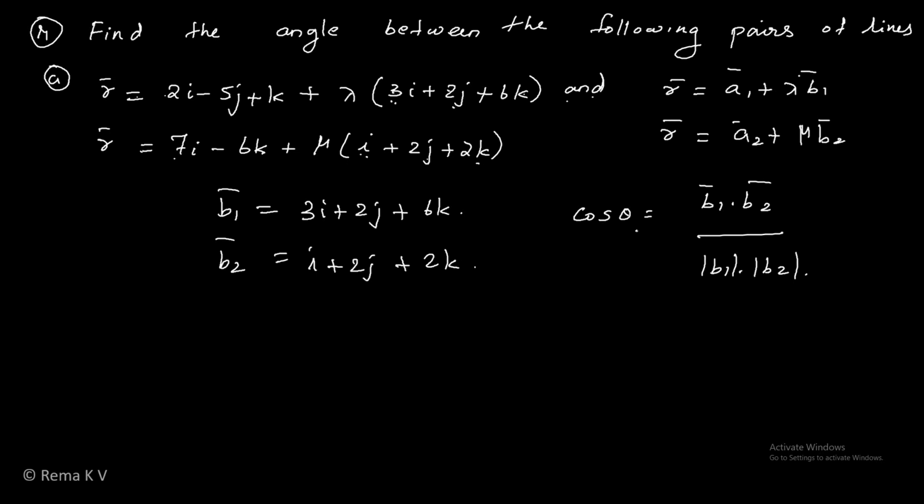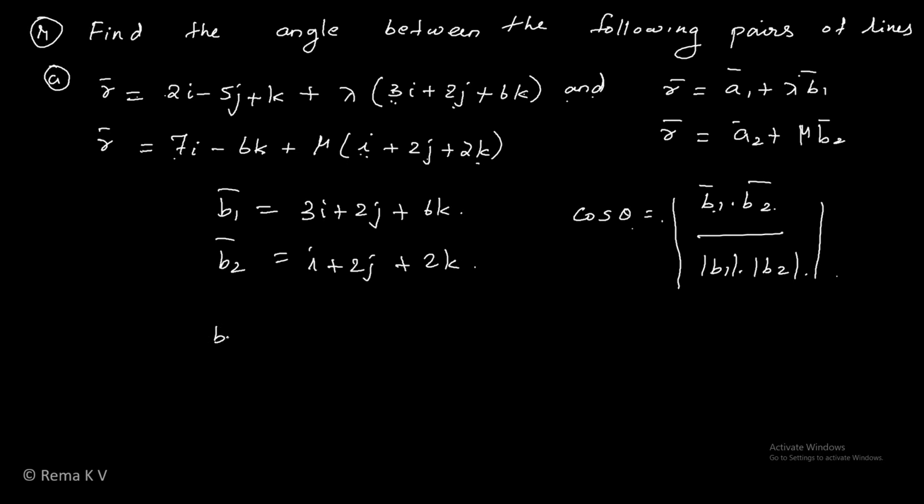This is the formula for finding angle theta. To find the angle between two vectors b1 and b2, cos theta is equal to b1 dot b2 by modulus of b1 modulus of b2, the basic definition of dot product.